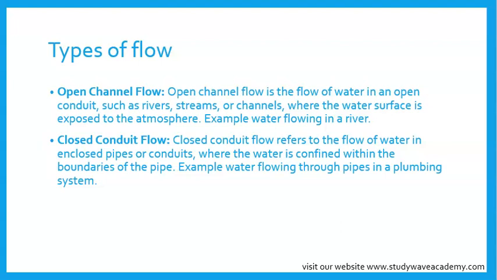Good. So today's lesson on water flow, we understood it. We talked about the meaning of water flow and types of water flow, right? We said water flow is the movement of water from one place to another, and we looked at the types of water flow.